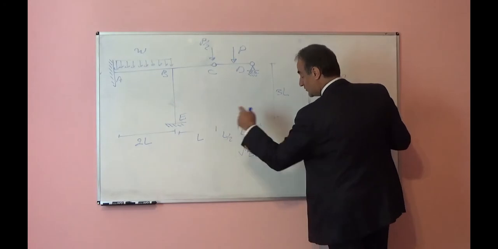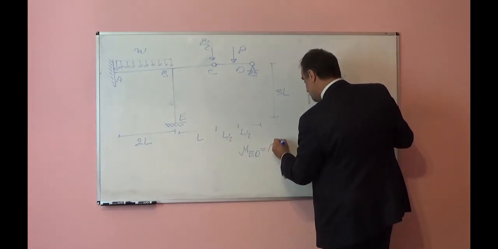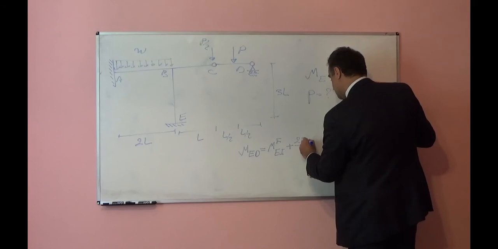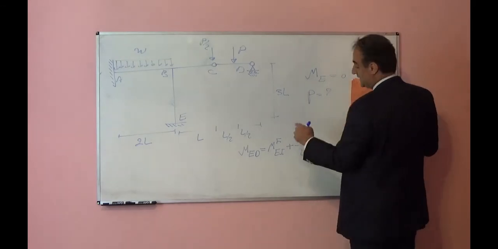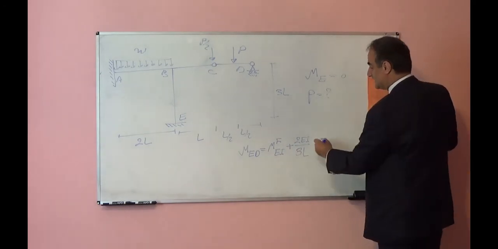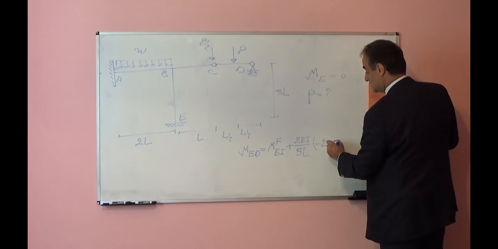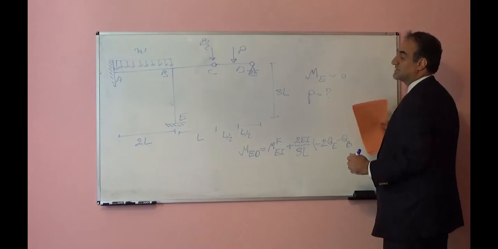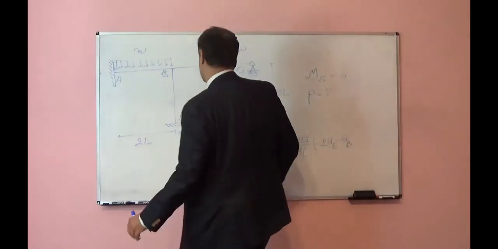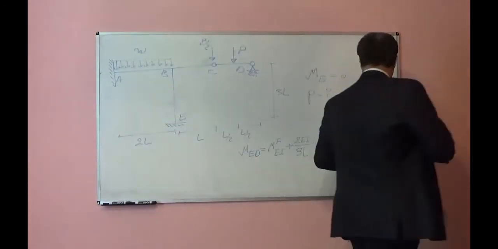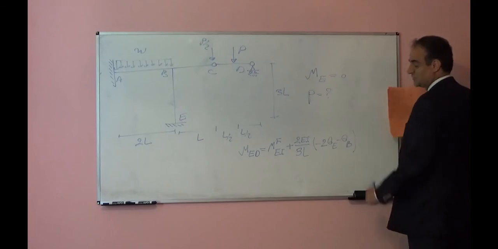MED, moment at point E, is equal to M fix ED plus 2EI over L, here it is the length of column, it is 3L, times 2 theta E minus theta B, because there is no lateral deflection here. This point B cannot move with respect to point E in vertical direction. That delta term is equal to 0.